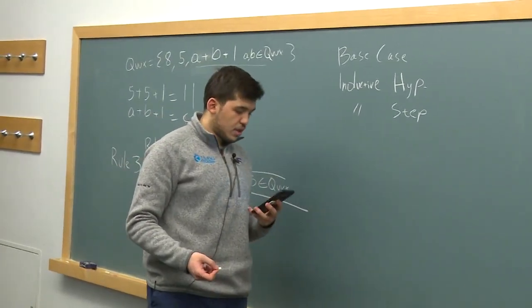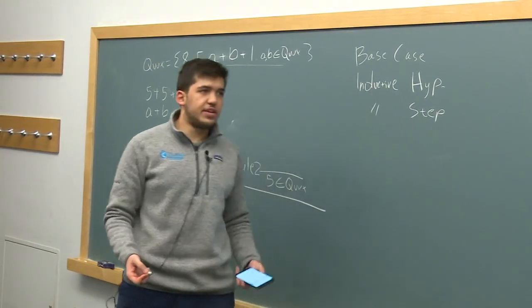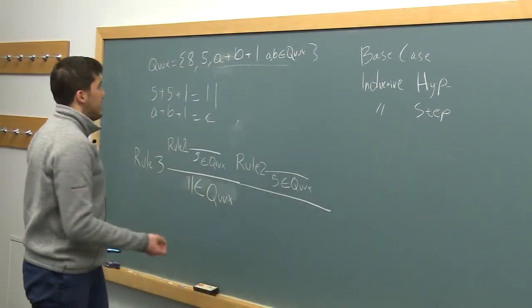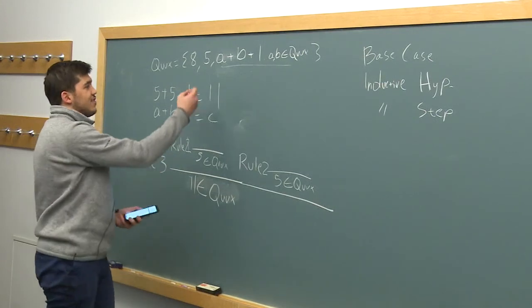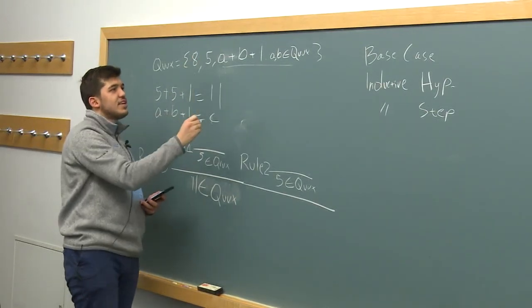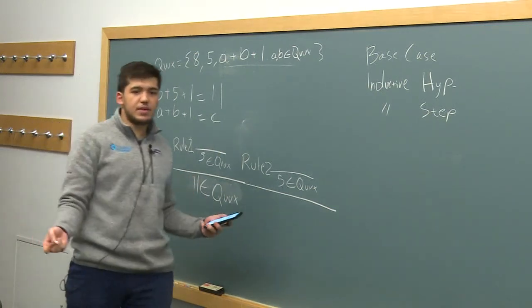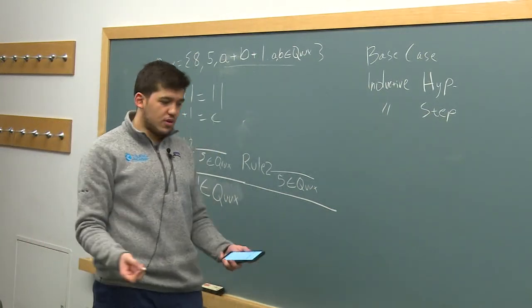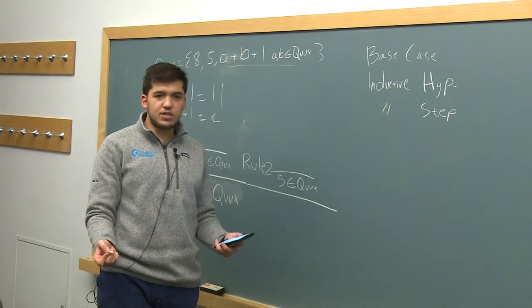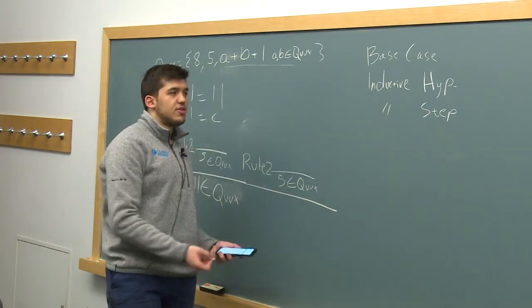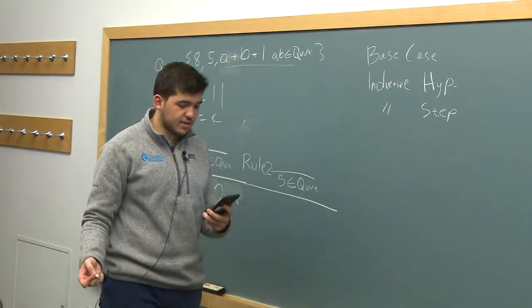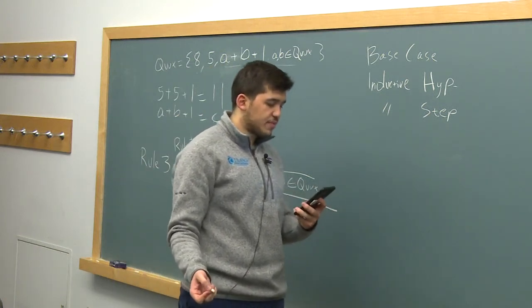Yeah. And in our case here, we look at our set Qs, and it is made out of 3 rules. The fact that 8 is in it, the fact that 5 is in it, and the fact that this rule applies. So if we want to prove that a property P is true for the entire set Qs, all we need to do is just look at the elements of Qs and see if the property holds for that. So the reason is pretty simple.